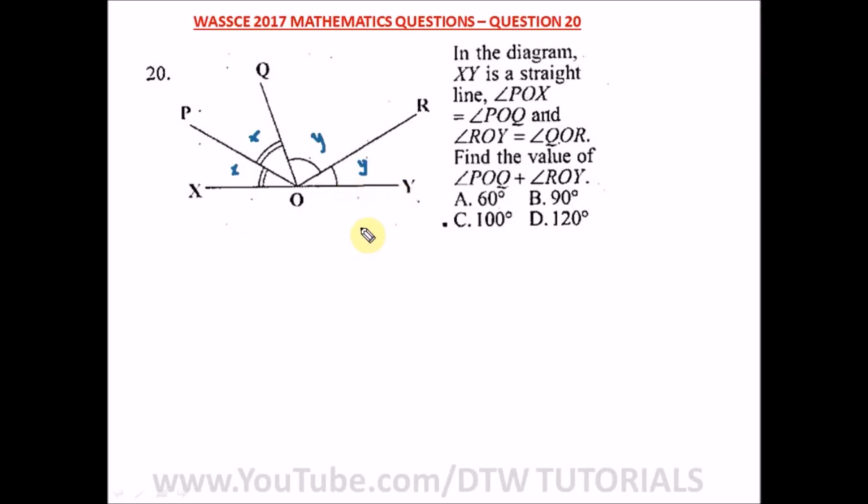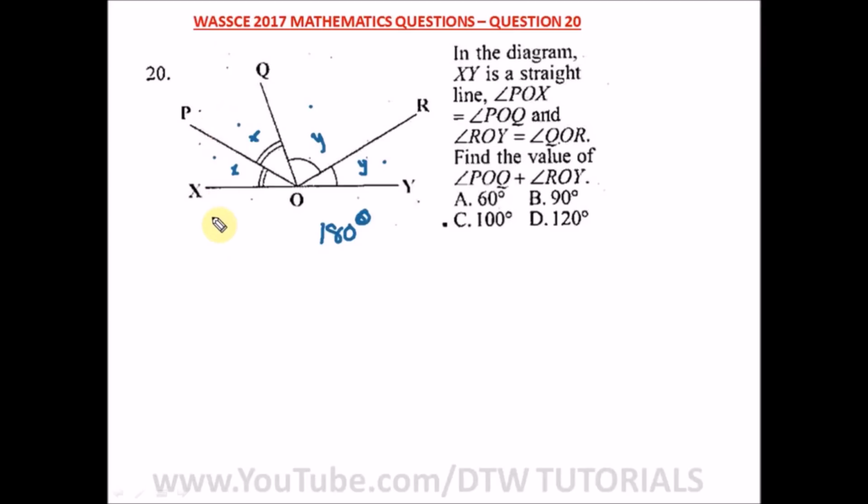So from here, we have to assume. Now, this is a straight line. Remember, the total sum of angles on a straight line is 180 degrees. And we've been told that these two are equal and these two are also equal.